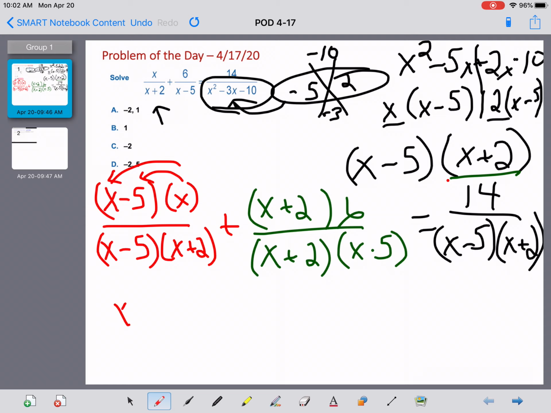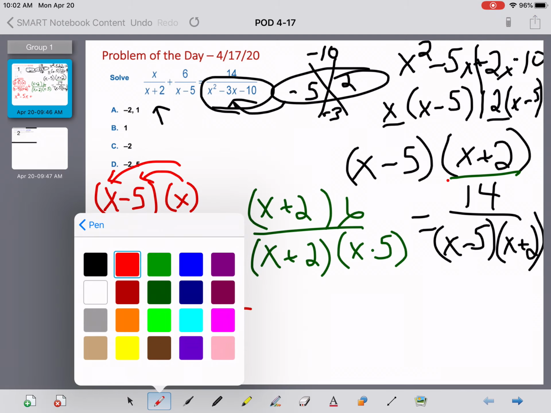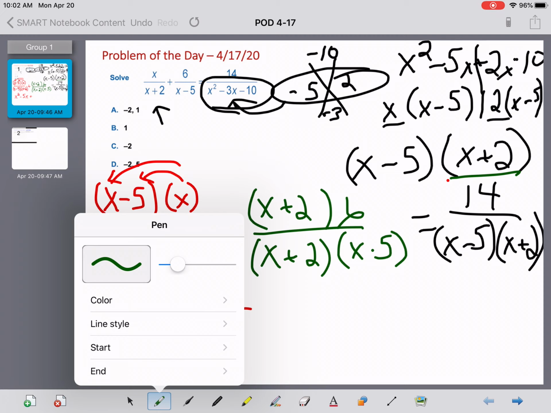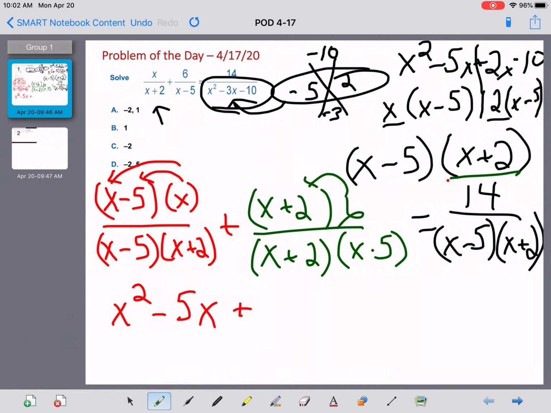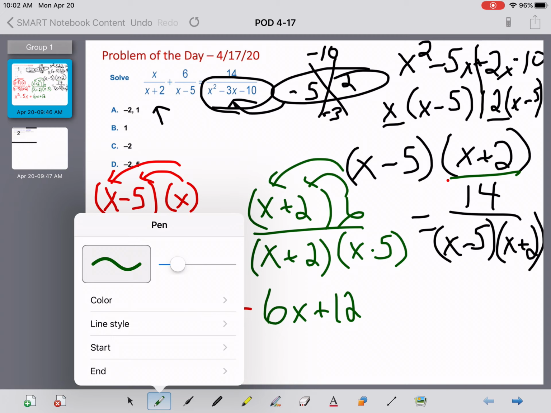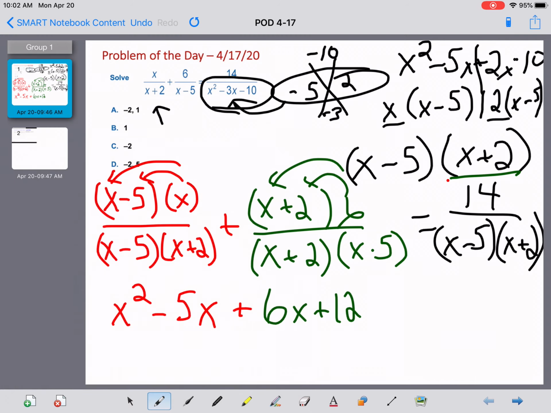So we're going to do x squared minus 5x plus, the 6 goes into both, 6x plus 12, and that still equals 14. All right, we are going to continue this on the next slide when we simplify.